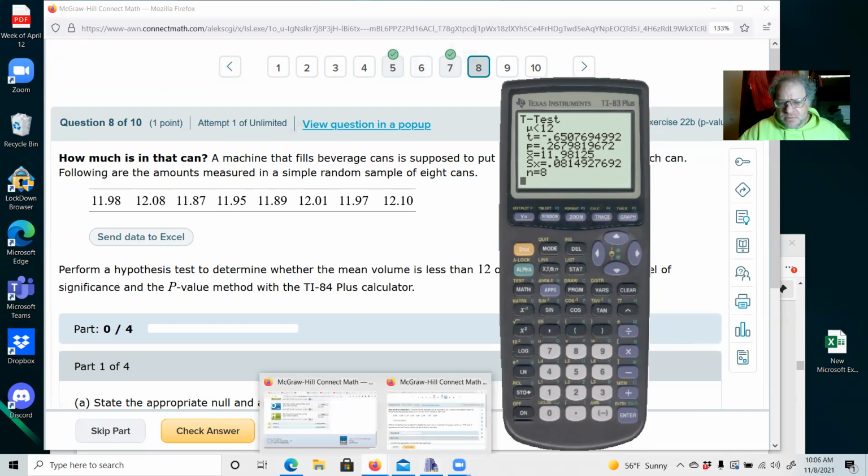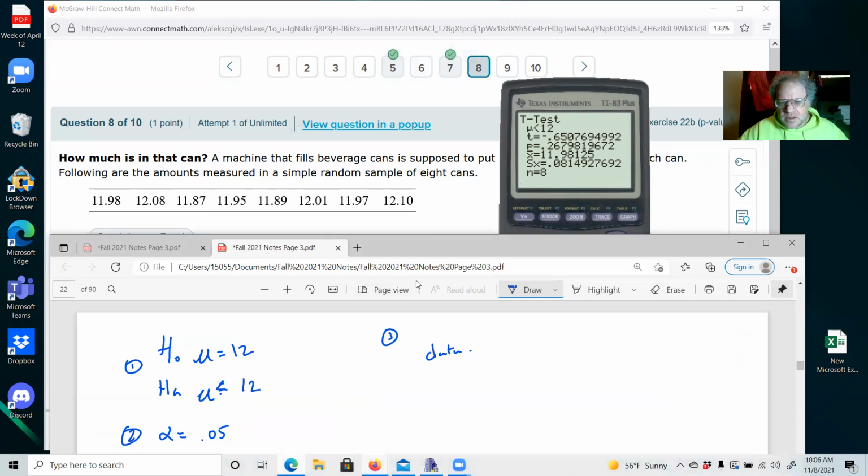Let's go ahead. Oops, I want this one. So we are given our step 4. Step 3 is our test statistic, negative 0.6507. Our p-value is 0.26.